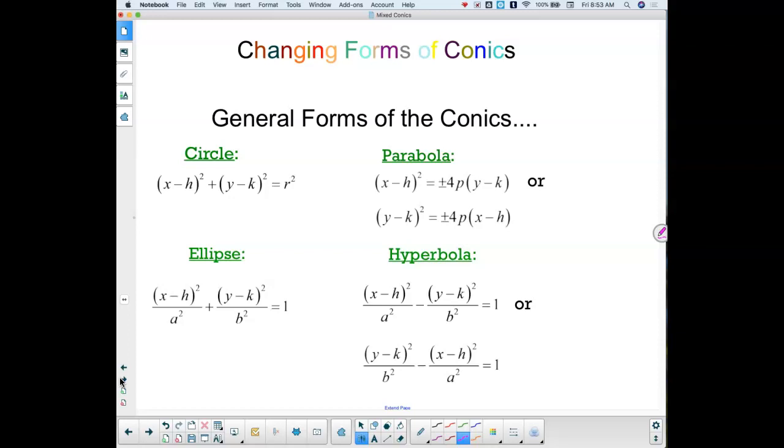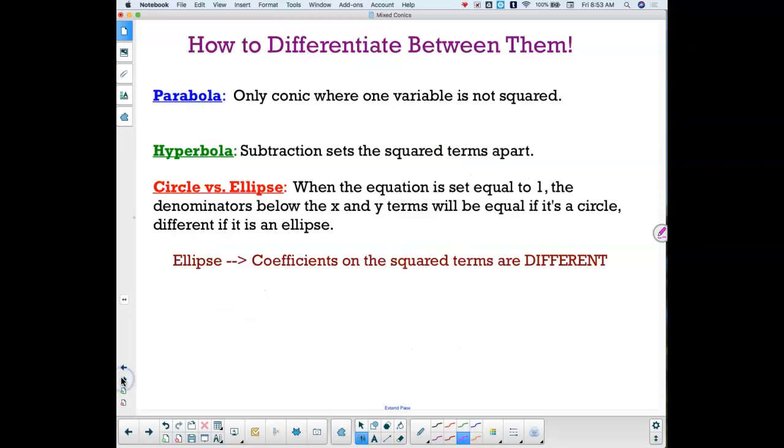Again, these are all in your notes already, so if you don't have them, look back a couple of pages. So, this is how you differentiate between a conic. First off, you've got 4 conics, right? The easiest one to find is the parabola.